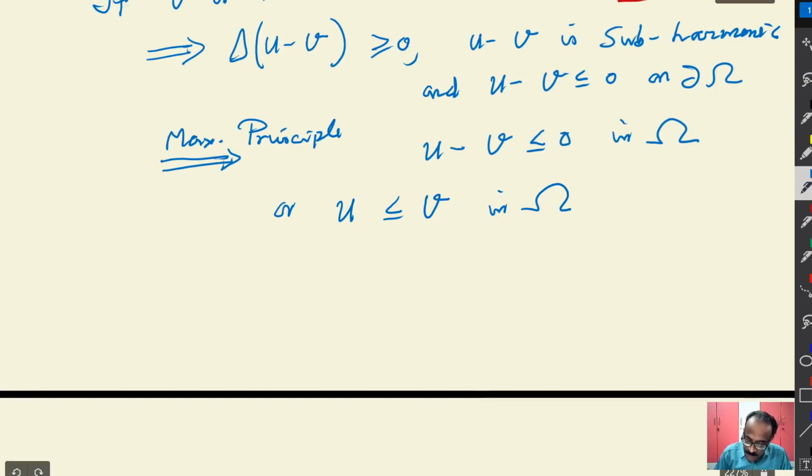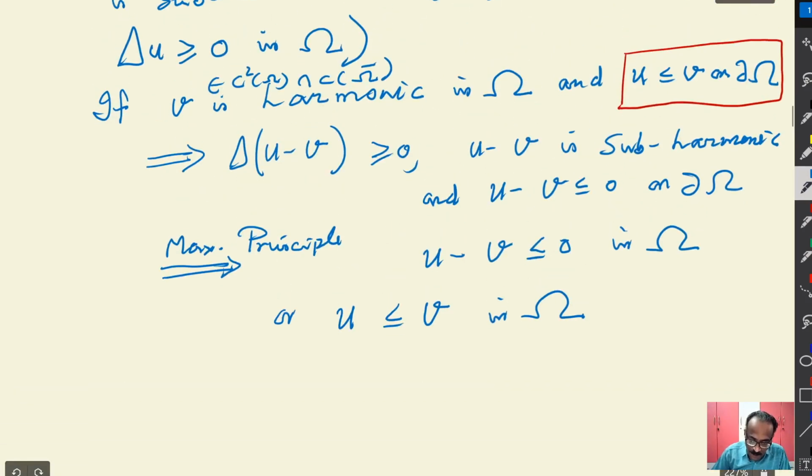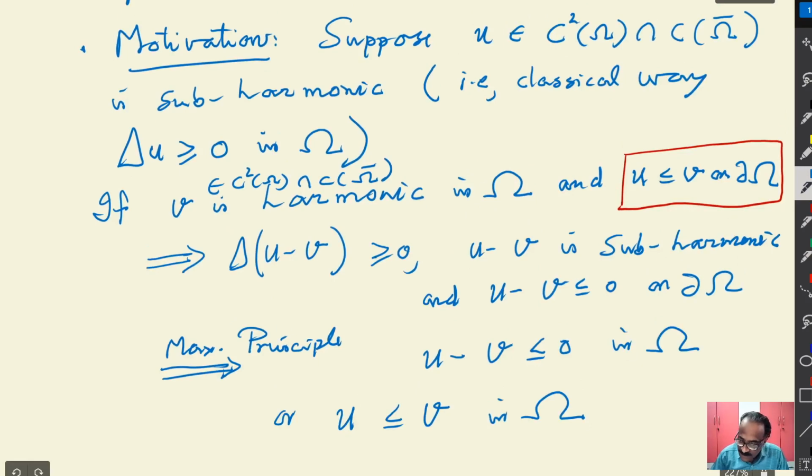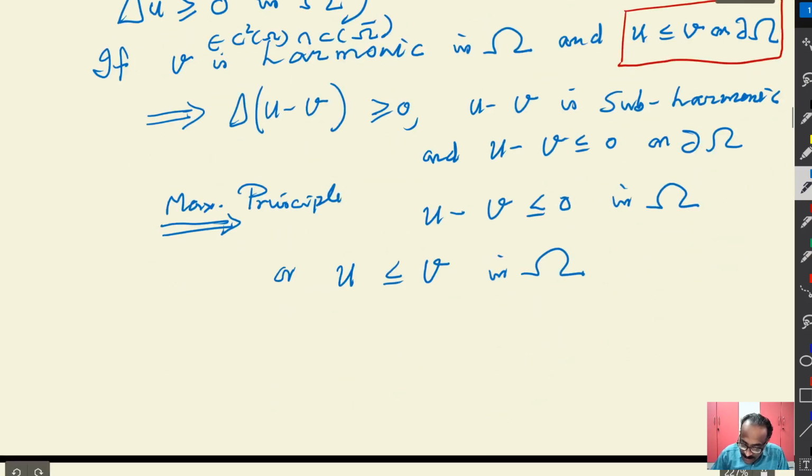So if you have a sub-harmonic function and a harmonic function satisfying this inequality on the boundary, immediately you have this.